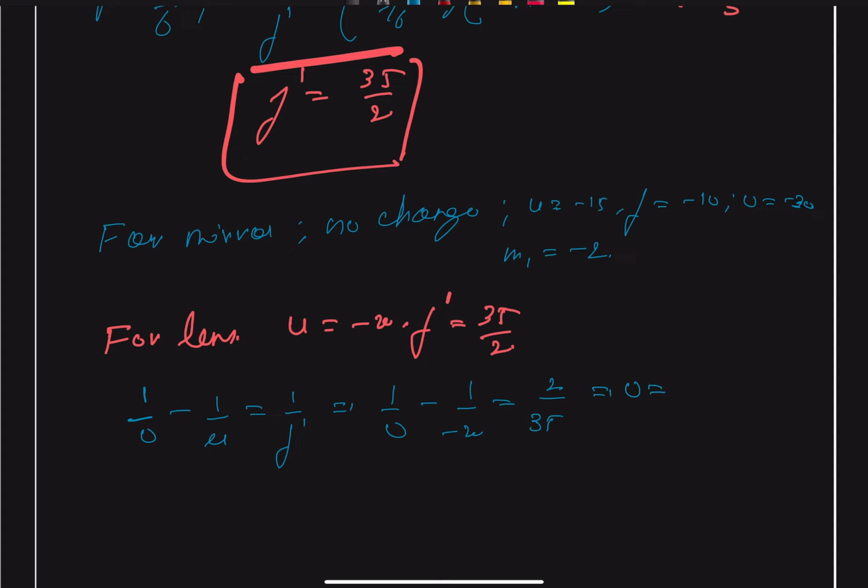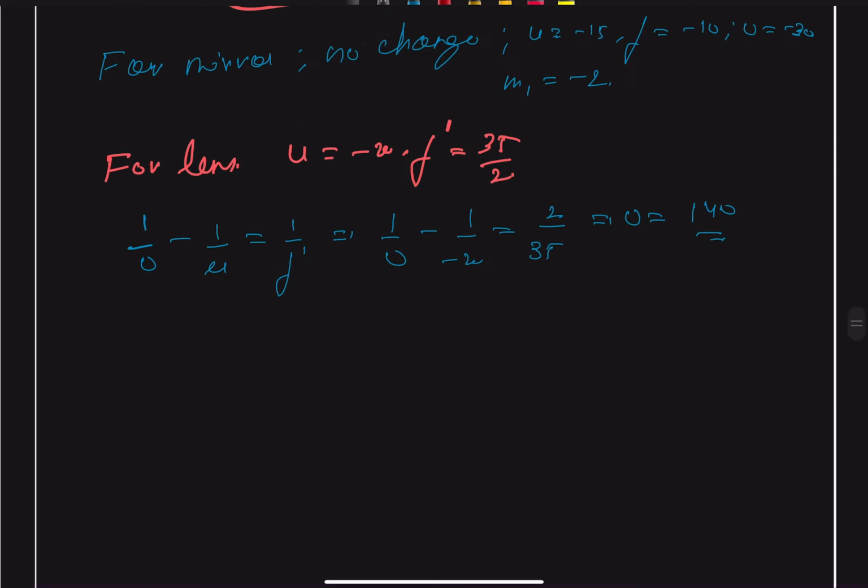This gives that v will be equal to 140. So therefore we can write our m2 will be equal to 140 upon minus of 20, giving us minus of 7.